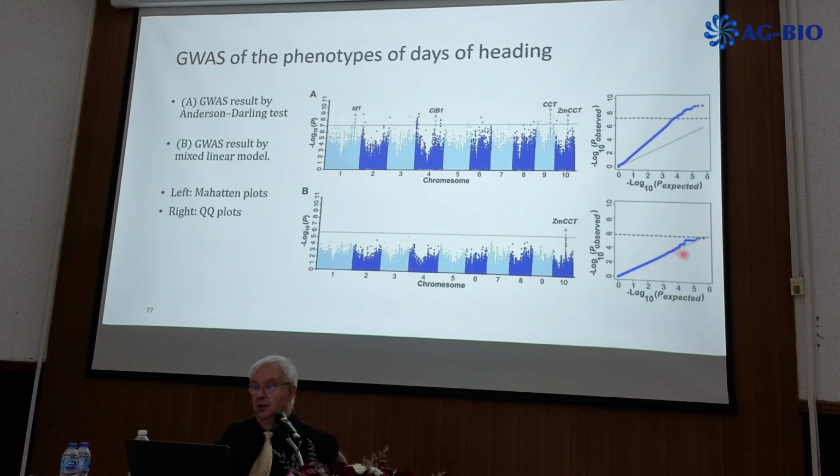Now here you see a few examples. In the first example, this is a GWAS result from a simple test, with a very distorted QQ plot, and you really can see that your data are not reliable, with false positives and false negatives.